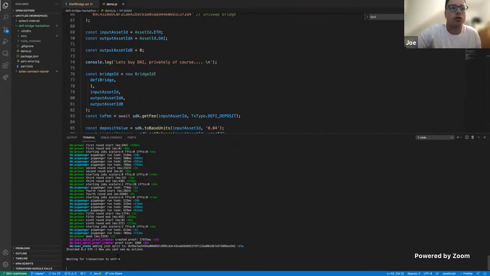So whilst this is settling, maybe I can take some more questions. How is Aztec staying sustainable long term? Yeah, so every user pays a fee for their transaction. At the moment, it's a break even, but the long term model is that rollup providers will earn fees from their users.